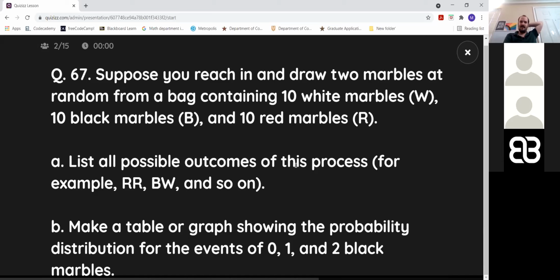Okay. I think I did a table again, just because they're easier to do in here. And usually you construct a table before you construct a graph, especially if you're doing events like this.